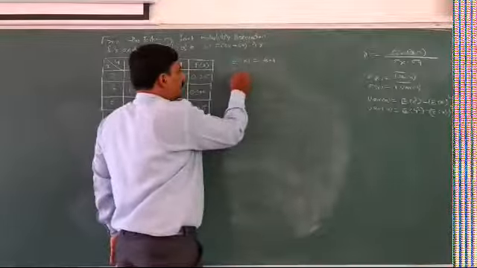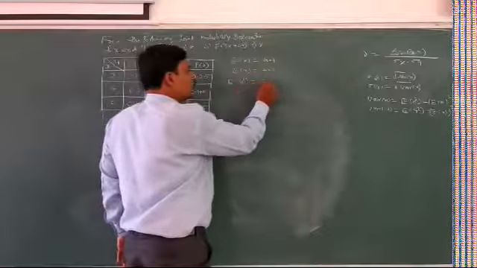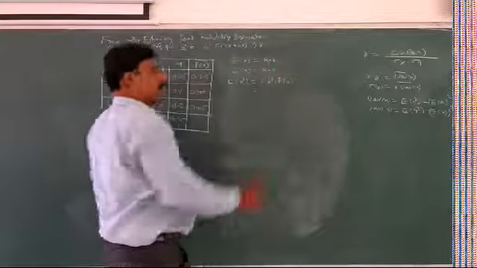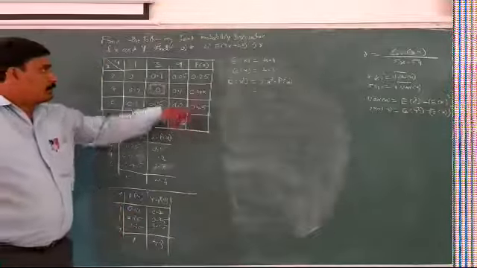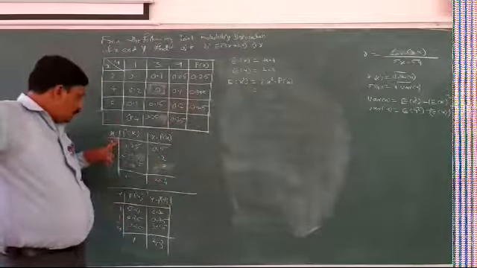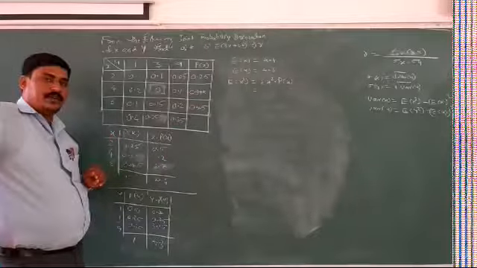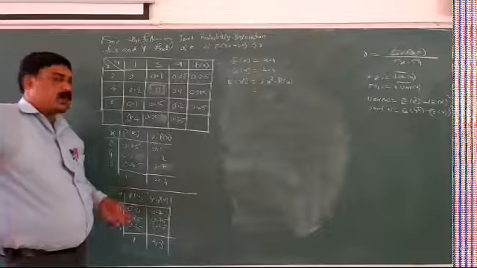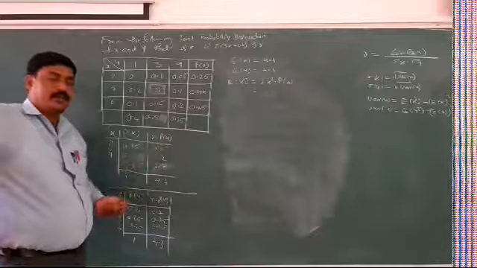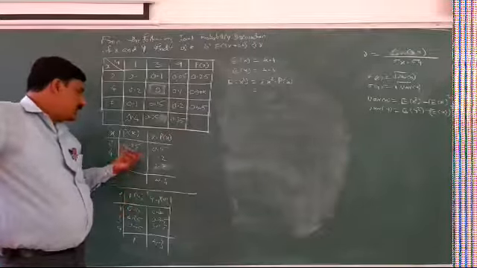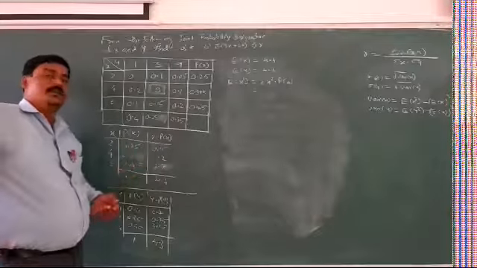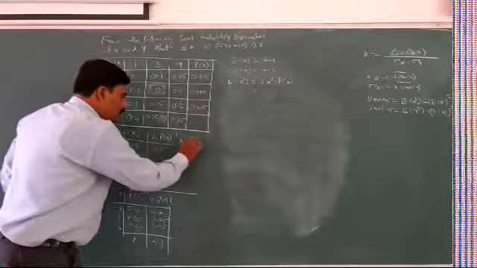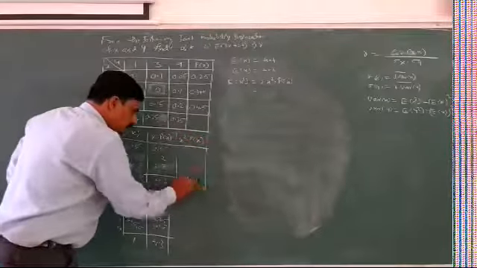Now expectation of x square is equal to summation of x square into p of x. Now we have to take the square of x values into p of x. That is 2 square into 0.25, or else, since we have already calculated x into p of x, just multiply the x value again to x into p of x and we get x square into p of x.